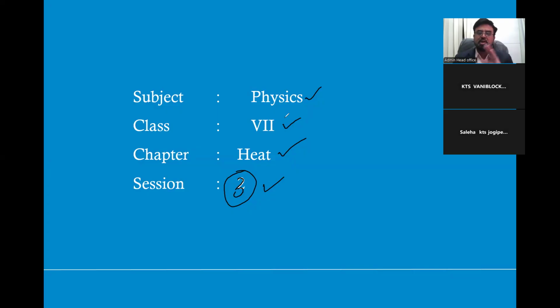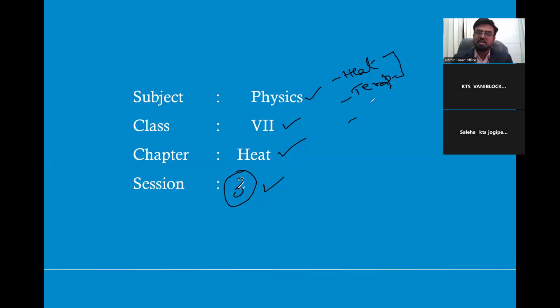But before that, let us recall what we learned in the 2 earlier classes. We learned what is heat, what is temperature, in detail, how they are related, and the difference between heat and temperature.